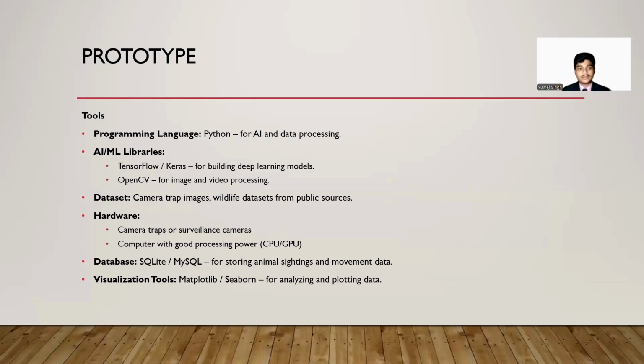Hardware: camera traps or surveillance cameras. Computer with good processing power, CPU, GPU. Database: SQLite, MySQL for storing animal sighting and movement data. Visualization tools: Matplotlib, Seaborn for analysis and plotting data.